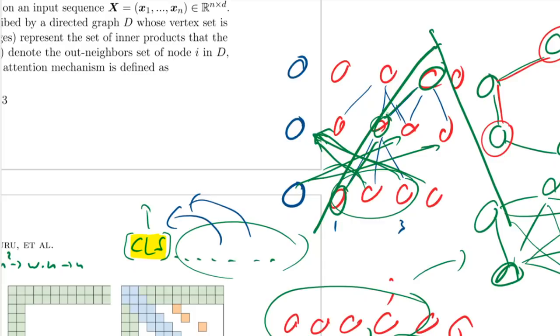Okay, so as a result of this, every single path has a maximum length of 2, because if I want to go from any node to any other node, I can simply send information to this global node, and then the global node in the next step can send information to whatever other node.